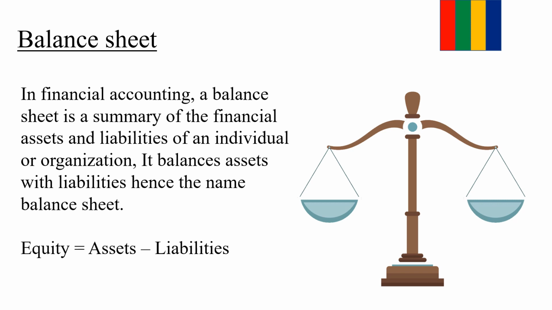Equity, so total ownership equity, is equal to the assets take away liabilities, and that will equal equity. So a very simple equation there. So you have your assets, the things you own, the profits, and then you have the liabilities, which is the things you owe, and debts, and you take away the liabilities from the assets to get total equity.